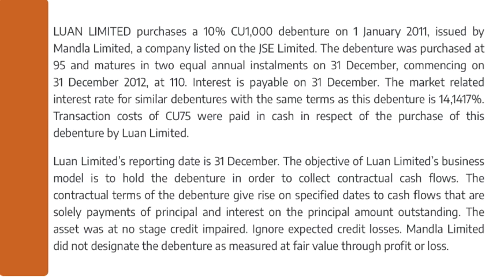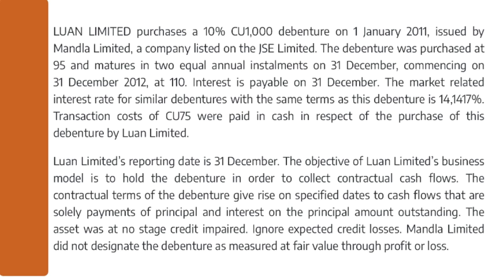So this sentence helps you to categorize this investment into the right category of financial asset. And in this case, because of this information, it can fall in the category at amortized cost.